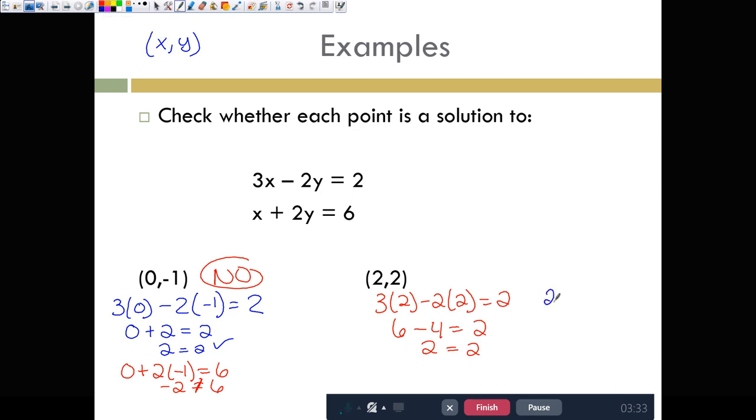So I'm going to do 2 plus 2 times 2 equals 6. And 2 times 2 is 4. And 2 plus 4 is 6. And 6 equals 6. So I have 2 true statements. So that means, yes, this ordered pair is a solution to those equations in the system.